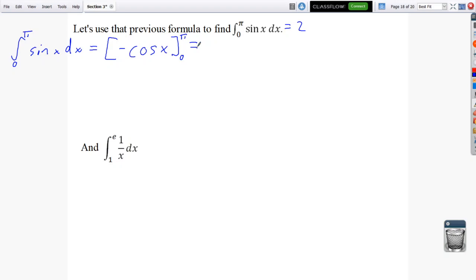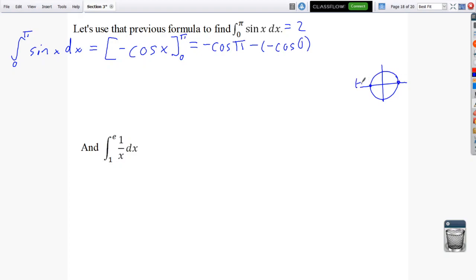Step 2, evaluate. So now evaluating, I've got negative cosine, and going off of what we had on that previous page, negative cosine of the upper minus negative cosine of the lower. And now when I look at this, just using my unit circle here, I've got pi, and I've got 0.